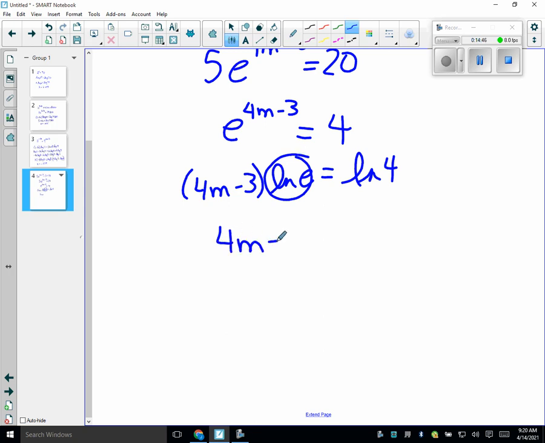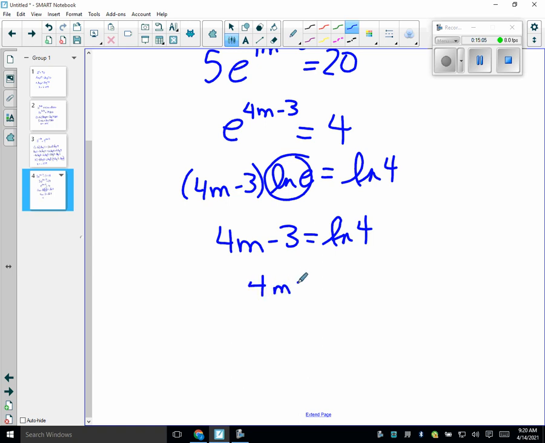So do I have 4m minus 3 equals ln of 4? How am I going to solve this? To ln of 4, what should I add? 3.